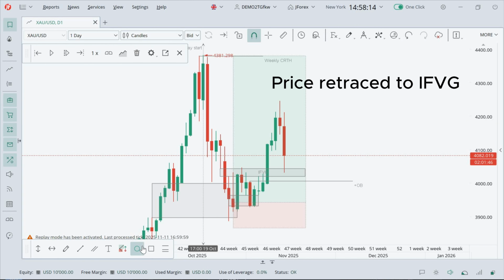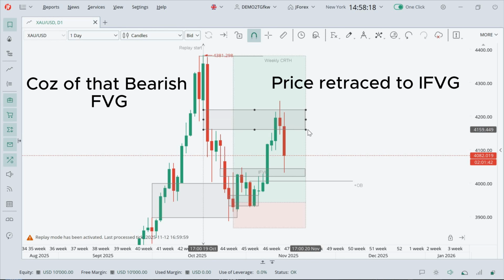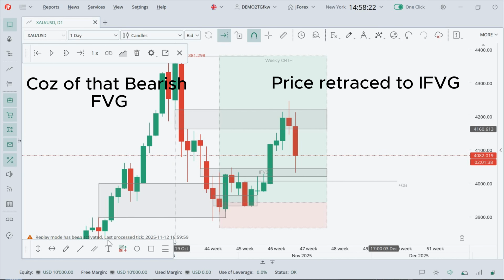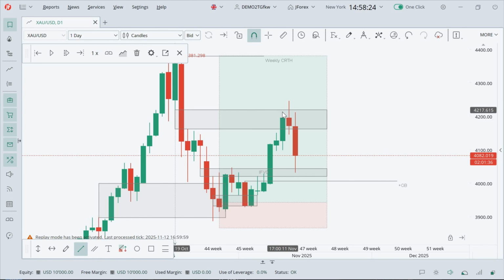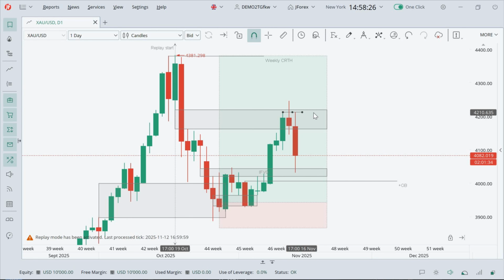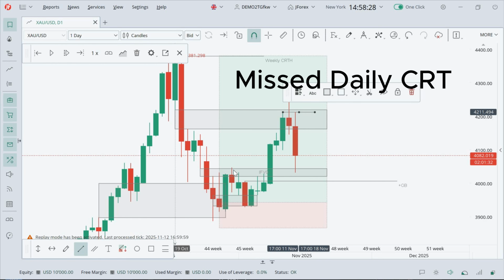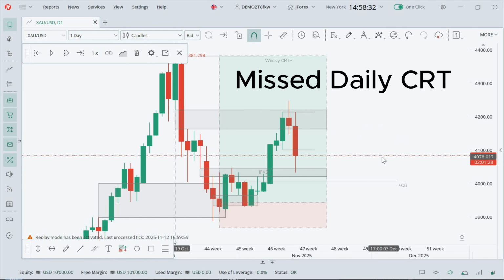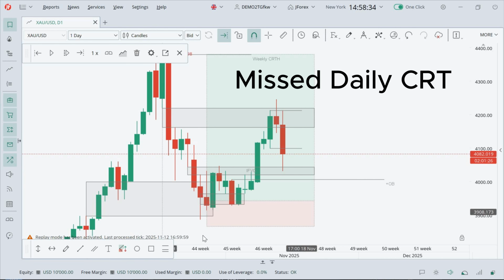Now price has retraced to the inversion fair value gap. Price then went down because of that bearish fair value gap which we could have taken our trades from. There is a daily CRT there.